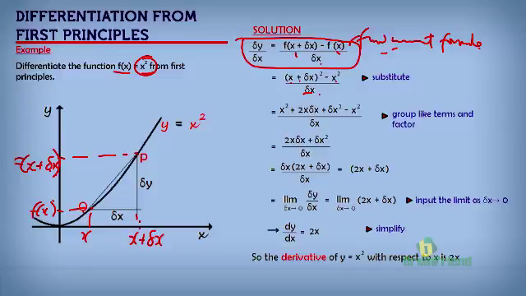Now when we expand this and collect the like terms, we have x squared plus 2x delta x plus delta x squared minus x squared all over delta x. Of course, our x squared minus x squared will cancel out, and we will have left 2x delta x plus delta x squared, which we have here, all over dx.